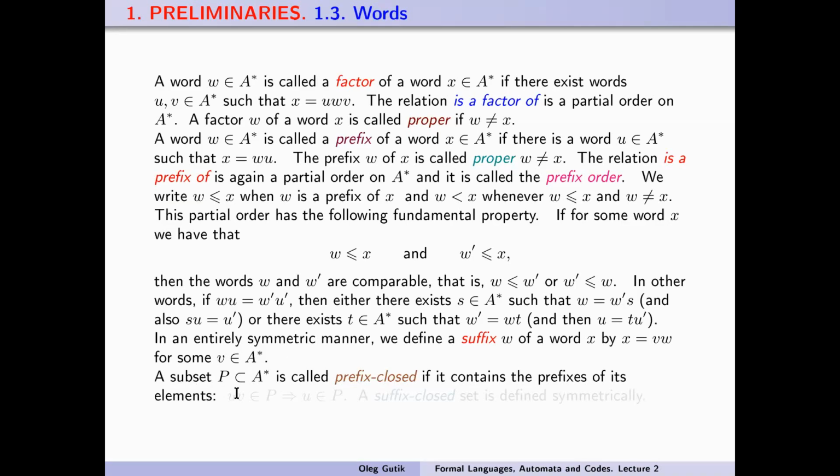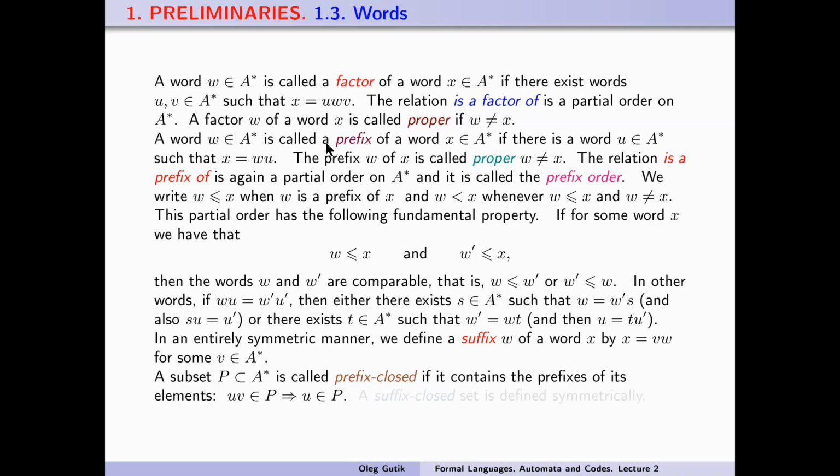Let a subset P of the free monoid A* be called prefix closed if it contains the prefixes of its elements. This means that if uv belongs to P, this implies that u belongs to P.